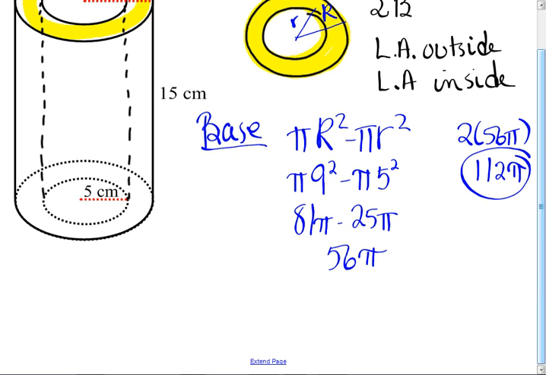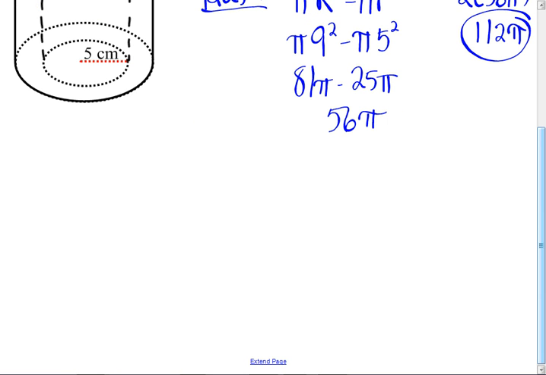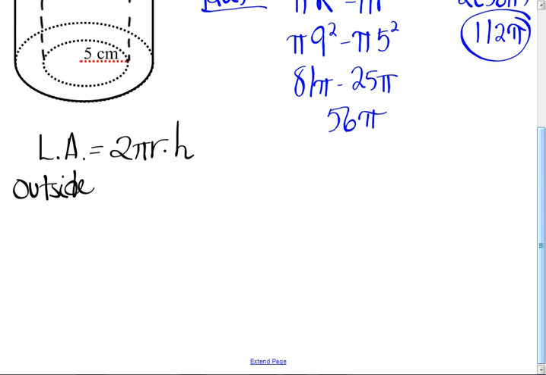Okay. Now let's do the lateral area of the outside. Now you have to use that formula. It's the lateral area of a cylinder, and the lateral area of a cylinder is the circumference of a circle, 2 pi r, times the height. So for the outside lateral area, it's going to be 2 pi capital R times the height.